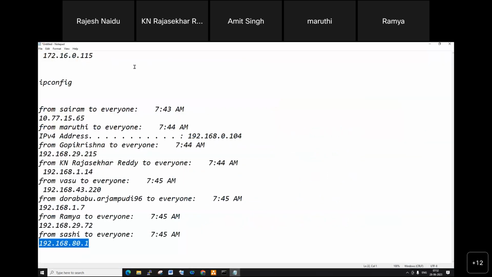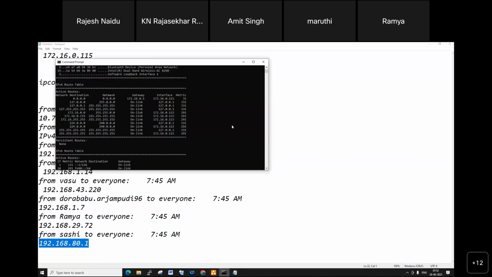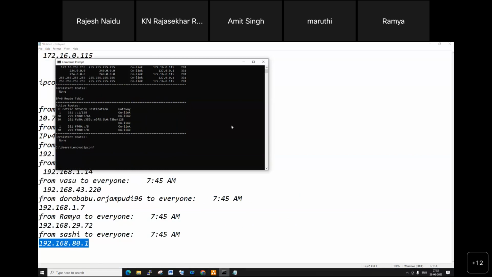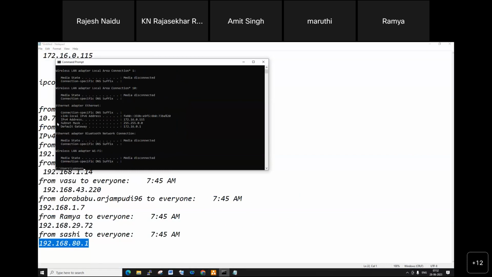my configuration is different. Suppose you can check, guys. Sairam, your IP address is 10.77.15.65, I think so. So can you please tell me, whenever you run IP config, there is a subnet mask available.